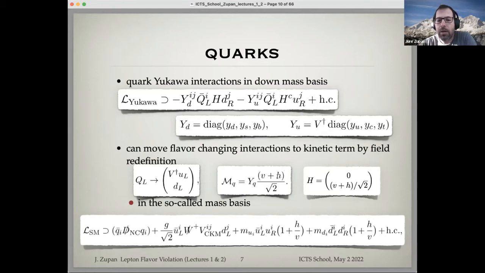So now you see that all the Higgs couplings, of course, are proportional to the masses. And the Lagrangian, therefore, in this mass basis where the up and down quarks are diagonal, is here. So the Higgs couplings are proportional to the masses, and we move the CKM into the charged currents, while the neutral currents there in the kinetic term are all diagonal.